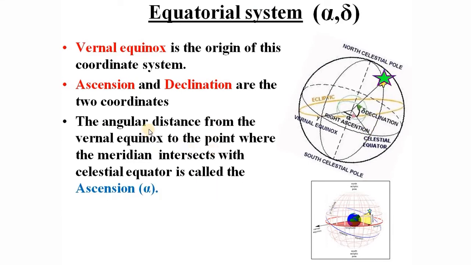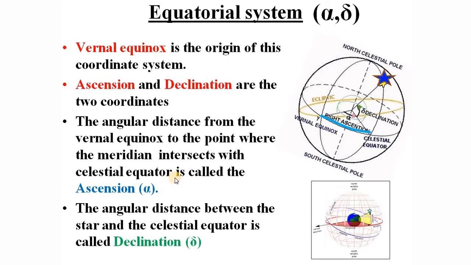The angular distance from the vernal equinox to the point where the meridian intersects with the celestial equator is called ascension, alpha. The angular distance between the star and the celestial equator is called declination.